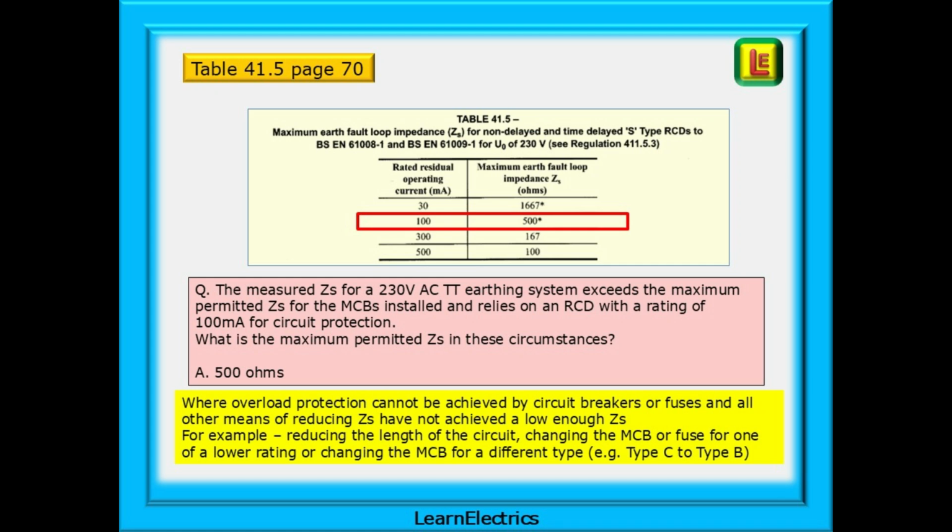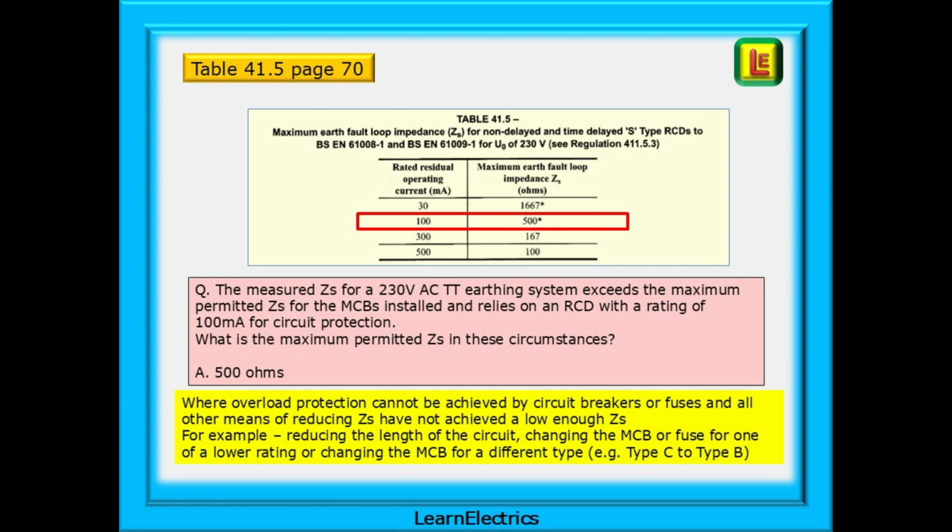Please note that you cannot just declare that all your circuits will now have a maximum ZS of 1667 ohms just because you have RCDs or RCBOs installed. You must still attempt to achieve the correct ZS figure given in the previous tables.